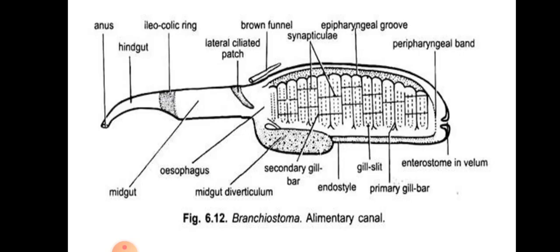Now the last part of the alimentary canal is the anus, which is a small circular aperture controlled by a sphincter. It opens at the base of the caudal fin a little on the left side of the midventral line.